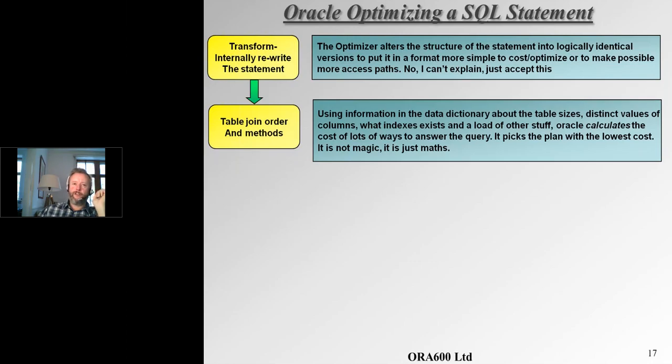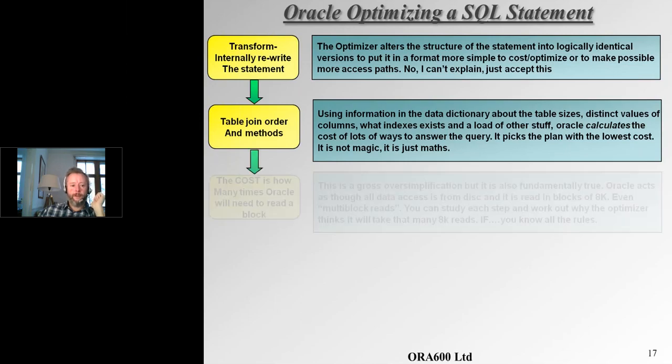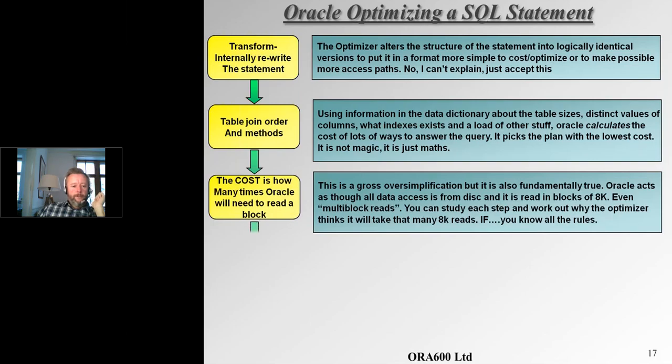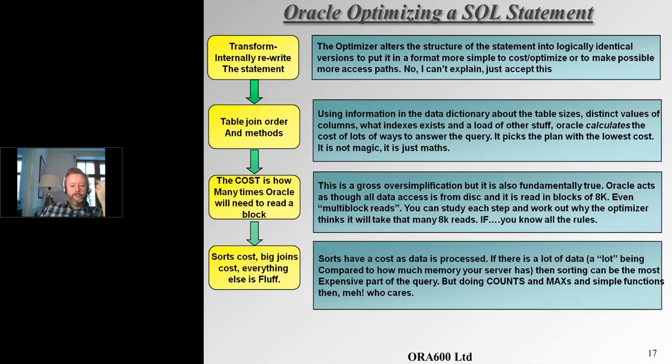And if you really do understand the cost-based optimizer well, and you look at the information available to it in the object statistics, table statistics, you can actually predict what the cost is going to be. But with every version of Oracle, this gets more and more complicated and hard to do. But it is just mathematics. It is just Oracle making a mathematical calculation of what it expects each step to cost. So having done that, Oracle then chooses the one with the lowest cost. Now, sorts cost, big joins cost, CPU processing doesn't really cost very much.